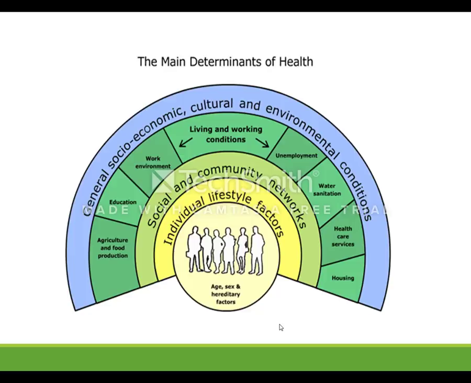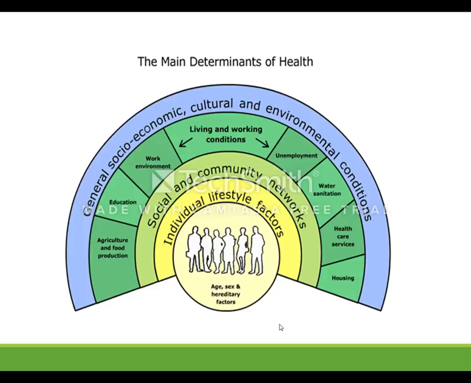Versus somebody who maybe lived in a third world country and was very stressed and didn't have healthy food and water available and had a club foot but couldn't get any help, and is consequently having terrible arthritis and is homebound. So, around your lifestyle factors, then you have your social and community networks.